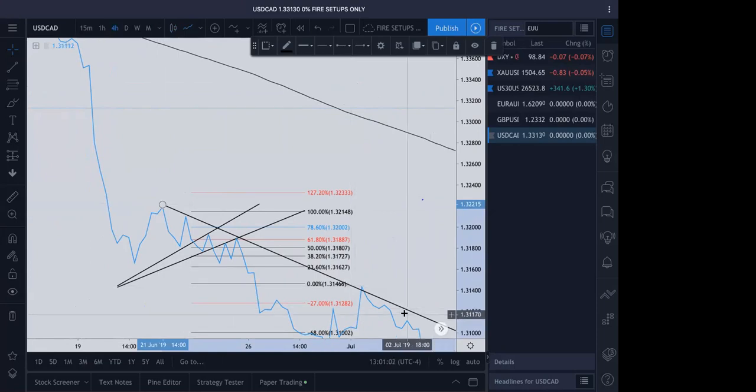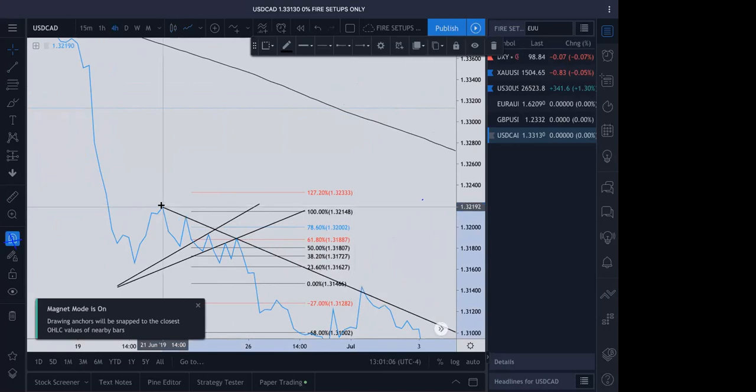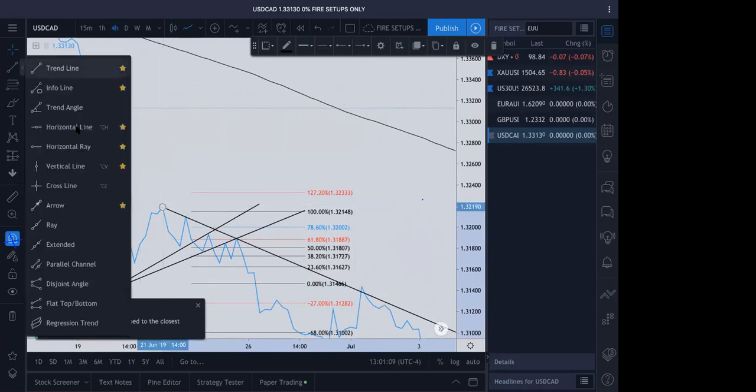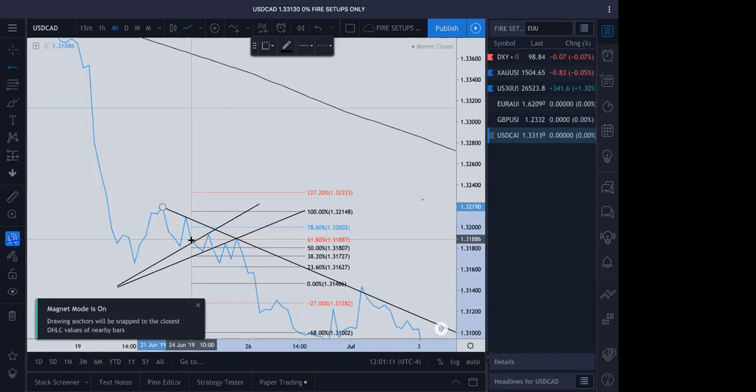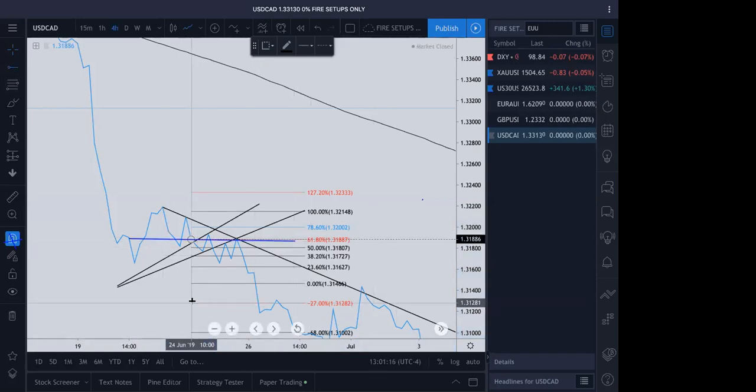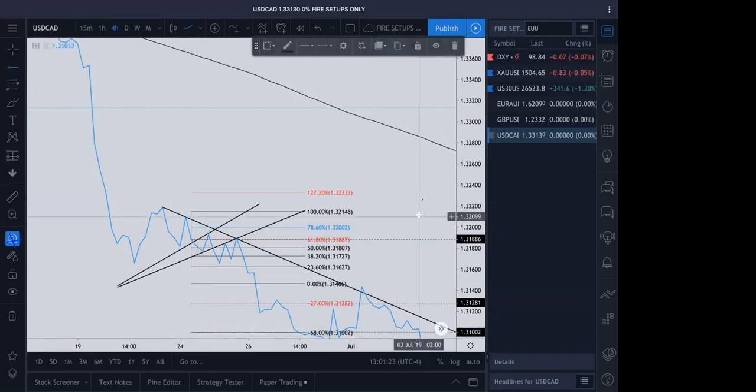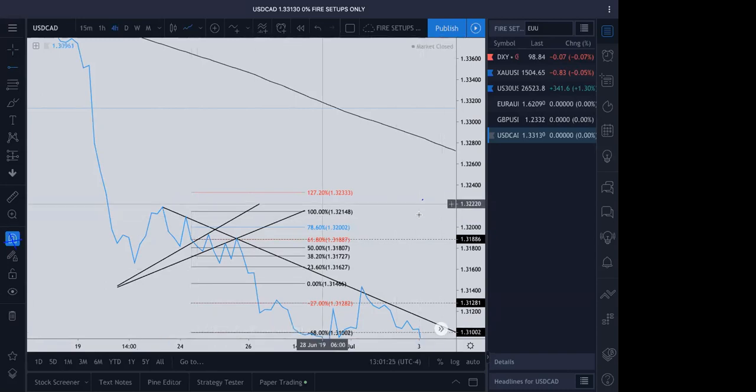So you need magnet mode, horizontal array. Okay, if you can find a really clear closest point on the 61.80 on the H4, let's continue on the H1.